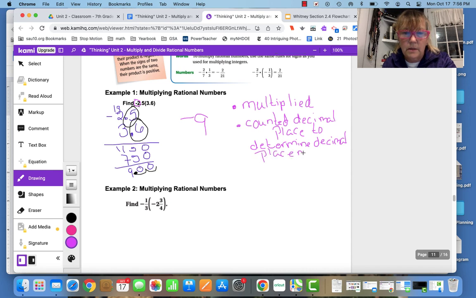And then we found the sign of the answer. So you can use these steps to figure out what the procedure is for the notes to future self.